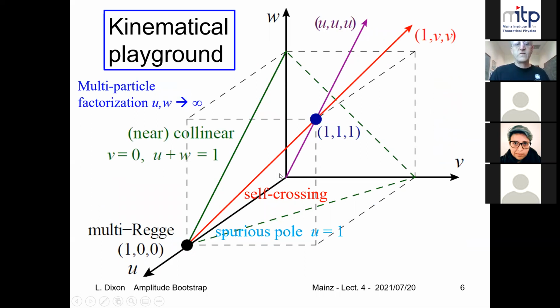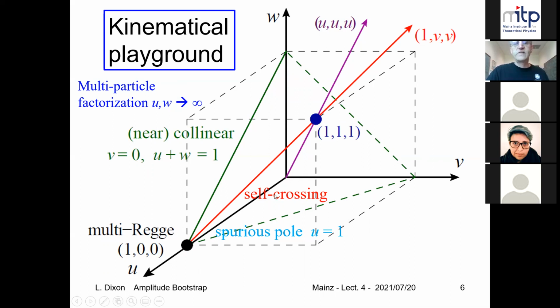So to sort of put together some of these regions in a single plot, we have these 3 cross ratios, U, V, and W. The multi-Regge limit turns out to be at this point 1, 0, 0, as we'll see a little bit later. But it's not on the Euclidean sheet.